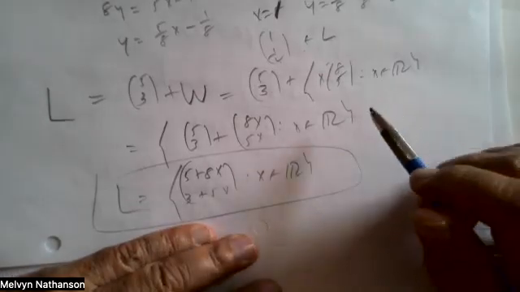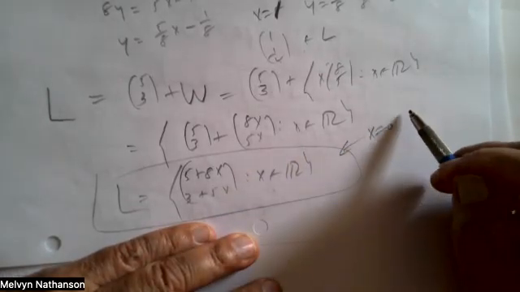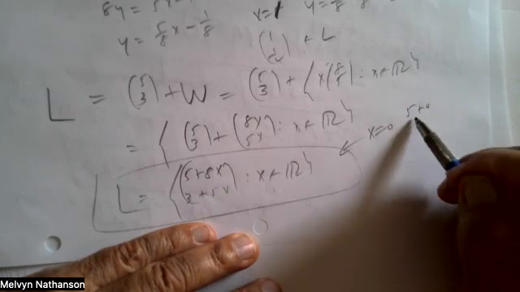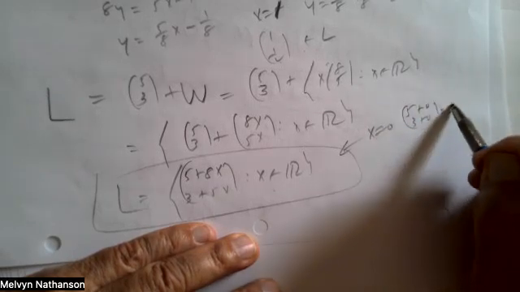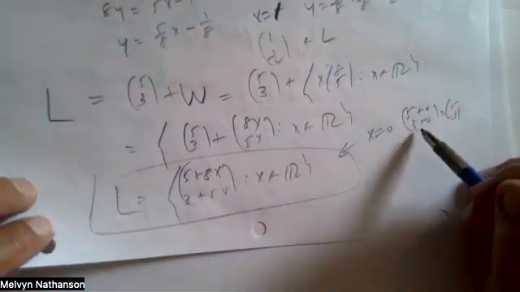For example, if I take x equals 0, I get (5 plus 0, 3 plus 0), or (5, 3). So that recovers (5, 3).